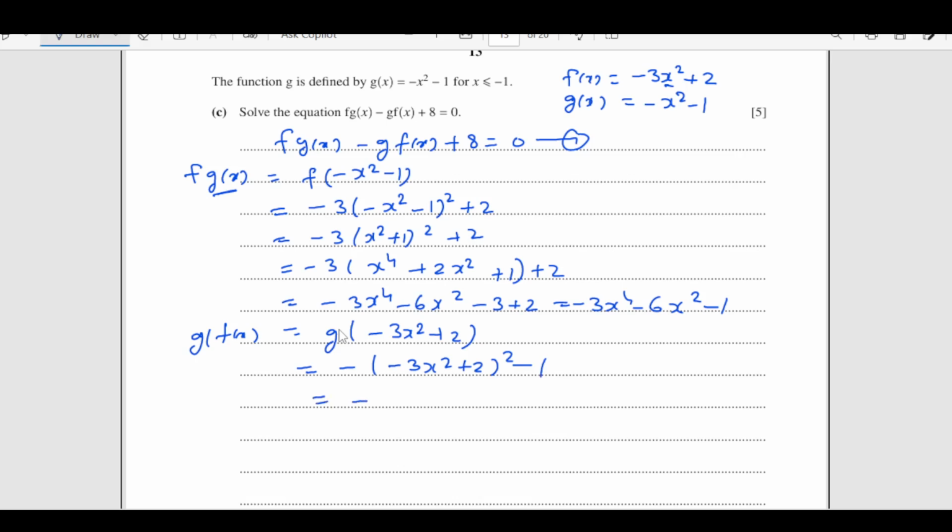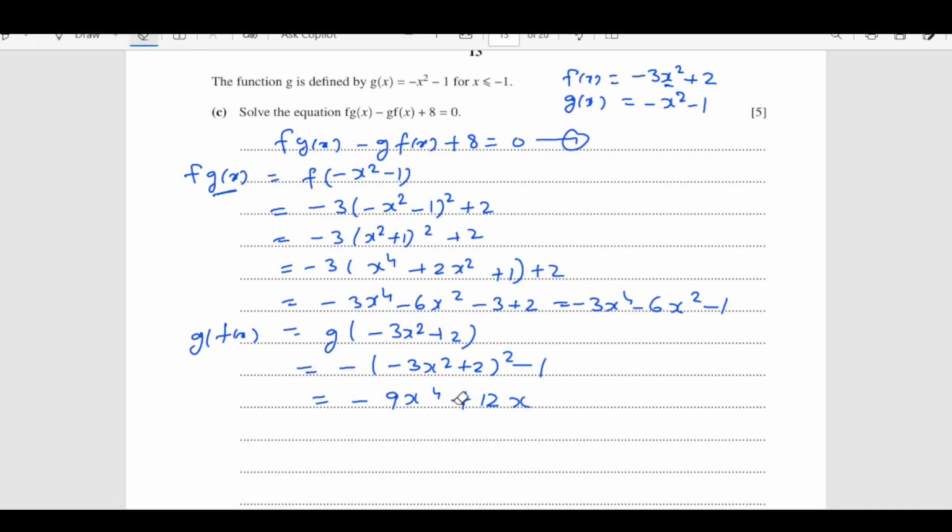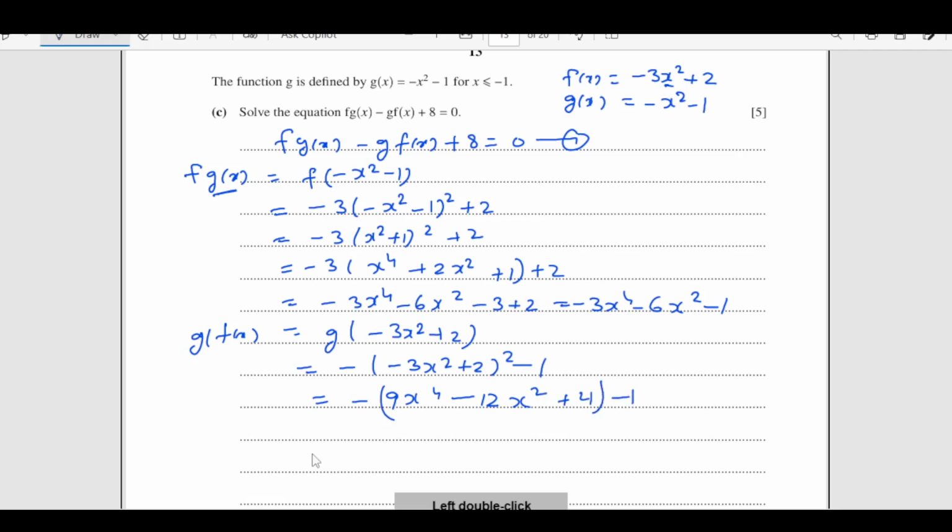So this is minus 9x to the 4 plus 12x squared plus 4, there is a bracket here, minus 1. So rearrange everything, we are going to get negative 9x to the 4 minus 12x squared minus 5, right.